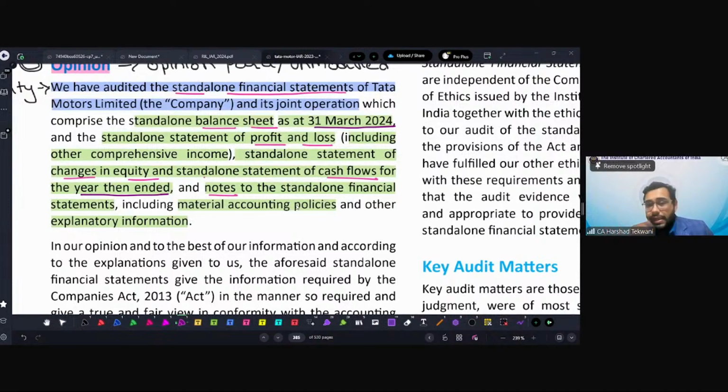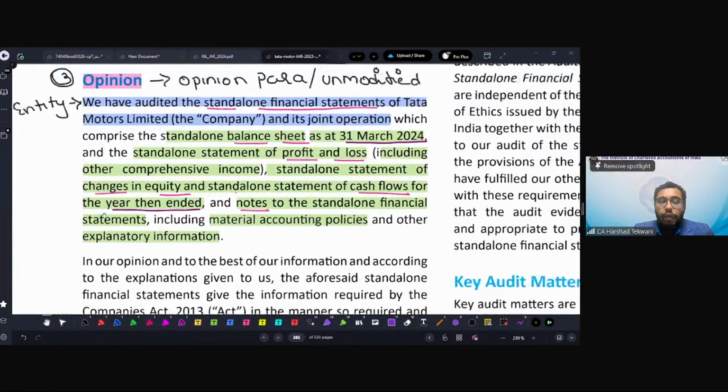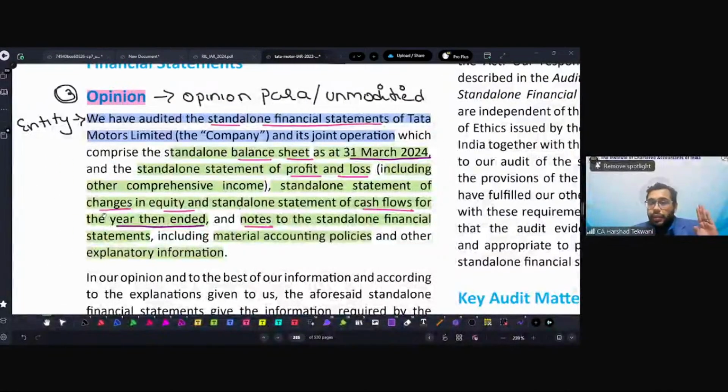So if you see in this particular paragraph, we have identified not only the entity, not only the type of financial statement, but the title of each financial statement. Then we have specified the notes, the accounting policies, and the period also.